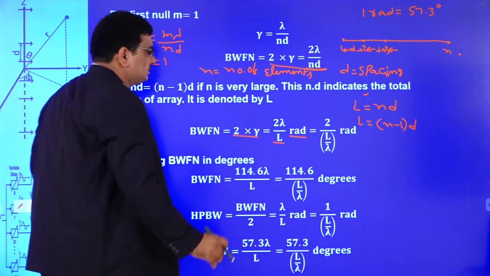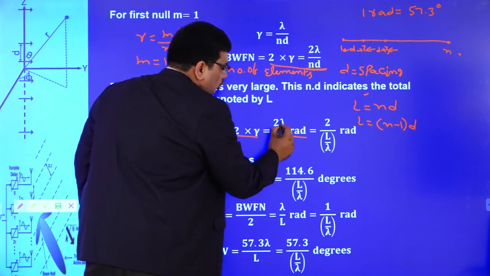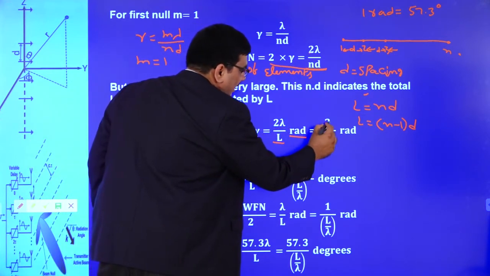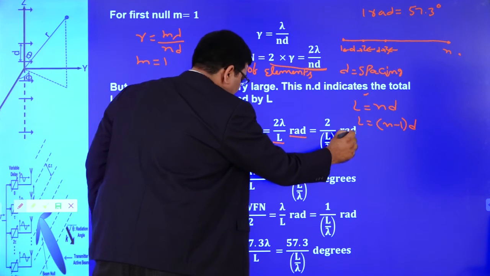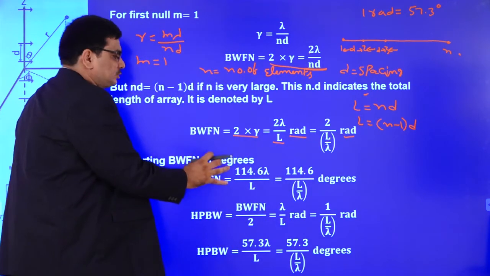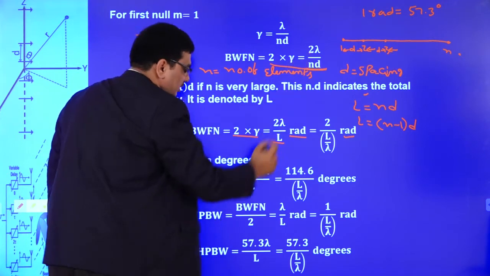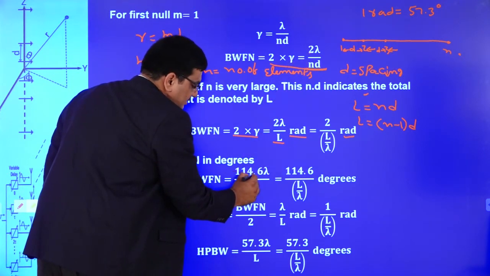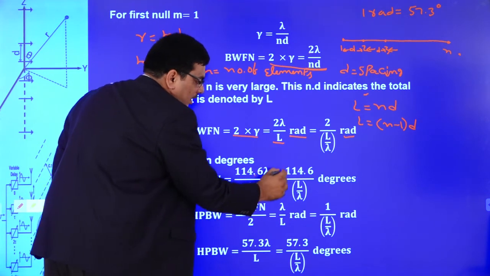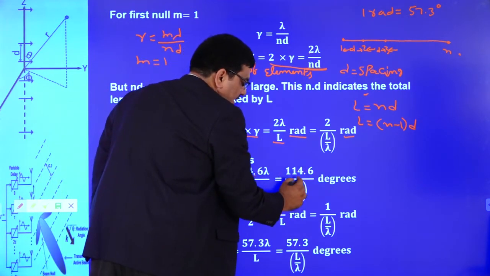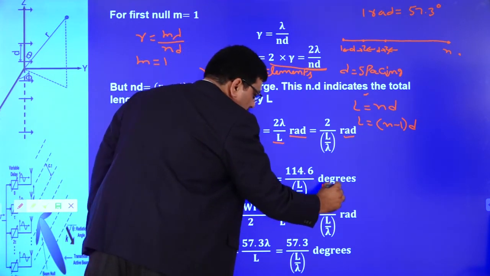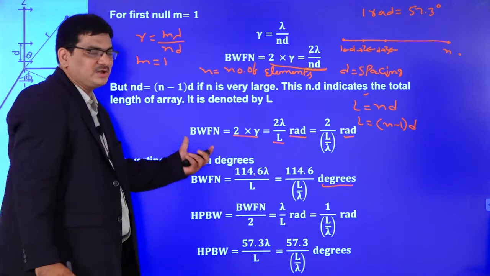So 2 lambda by L, that is 2 into (lambda by L), in radians. Converting to degrees, 2 into 57.3 is 114.6 into lambda by L, or 114.6 by (L by lambda), in degrees. So this is the first null beam width.